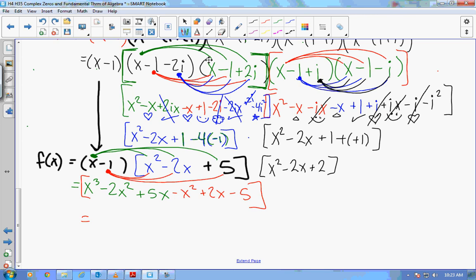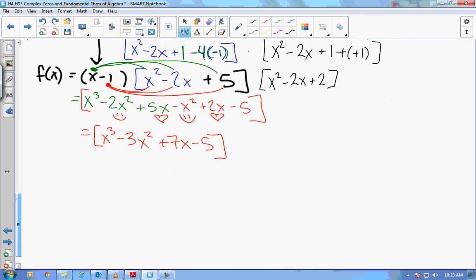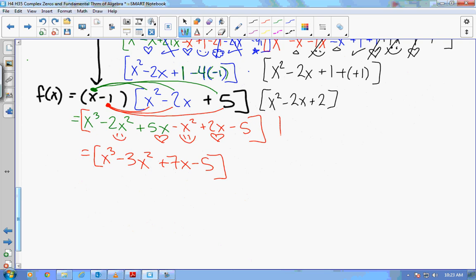Okay? Are there any like terms? Yeah. So if I add up the x squareds, how many x squareds are there going to be? Negative 3x squared. How many x to the first powers are there? 7 in total, minus 5. Yep, and now we take that and we times it to the last guy we've been ignoring for a minute.